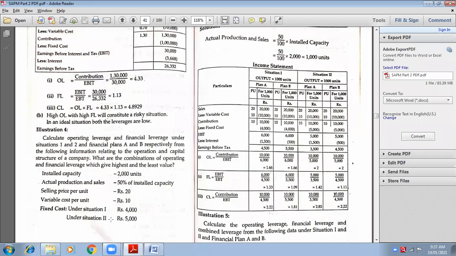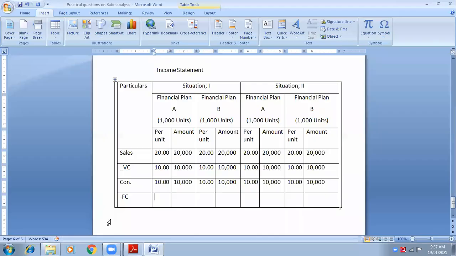They are saying that you have to go according to situations. So situation number 1 is 4,000, and situation number 2 is 5,000. Look at the situation. Now I have two plans, plan A and plan B.